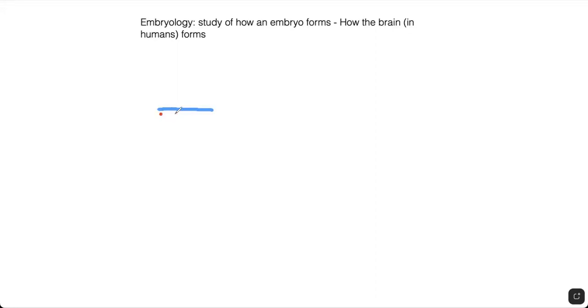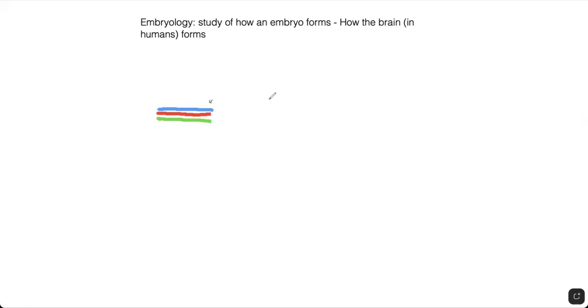From a few previous videos ago, we talked about your three layers, which are your ectoderm, endoderm, and mesoderm. Just for a quick recap, what the difference between each one of them is.